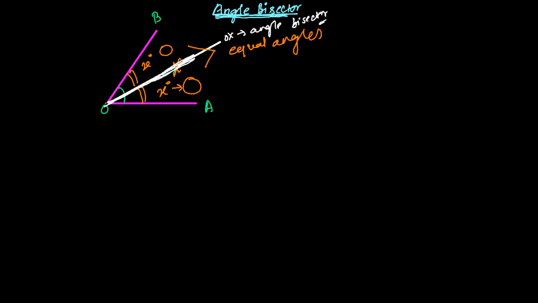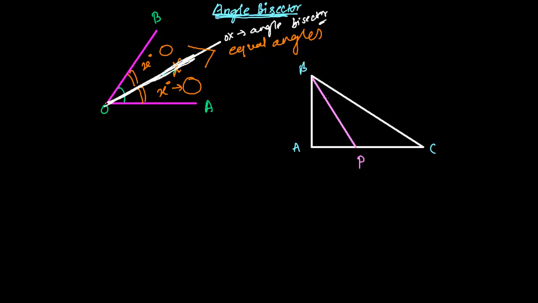Let me give one more example. Suppose I have a triangle, and in this triangle suppose this is A, B, C. Now if I'm going to draw the angle bisector of B, it is something like this. If this point is P, this BP line is the angle bisector, then it has to meet certain criteria.